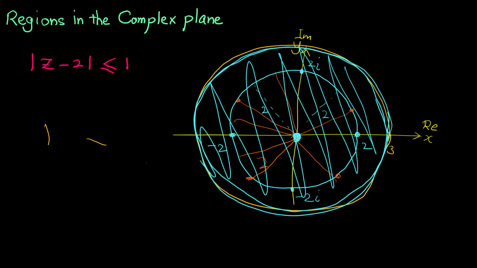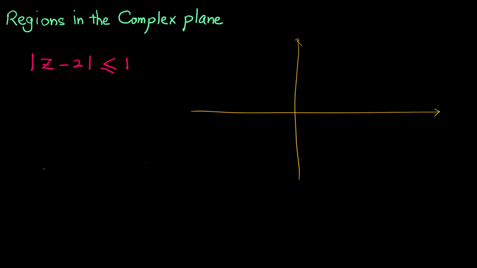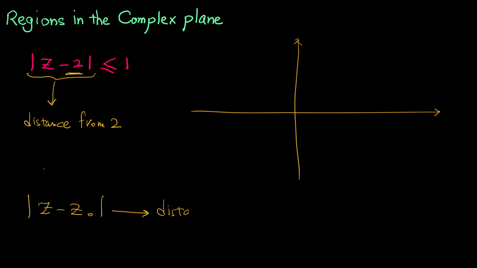Now, what about equations like this, which is given in this question here? Here we have not the modulus of z, we have the modulus of z minus 2. When we have the modulus of z minus a number or plus a number, then this shows the distance from point 2. In general, when we have the modulus of z minus z0, this shows the distance of point z from z0.